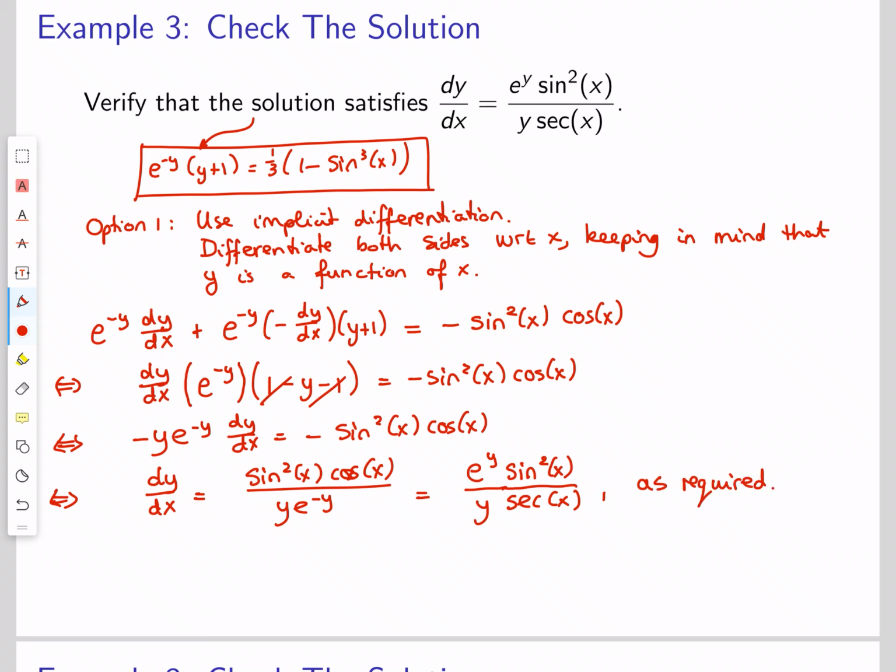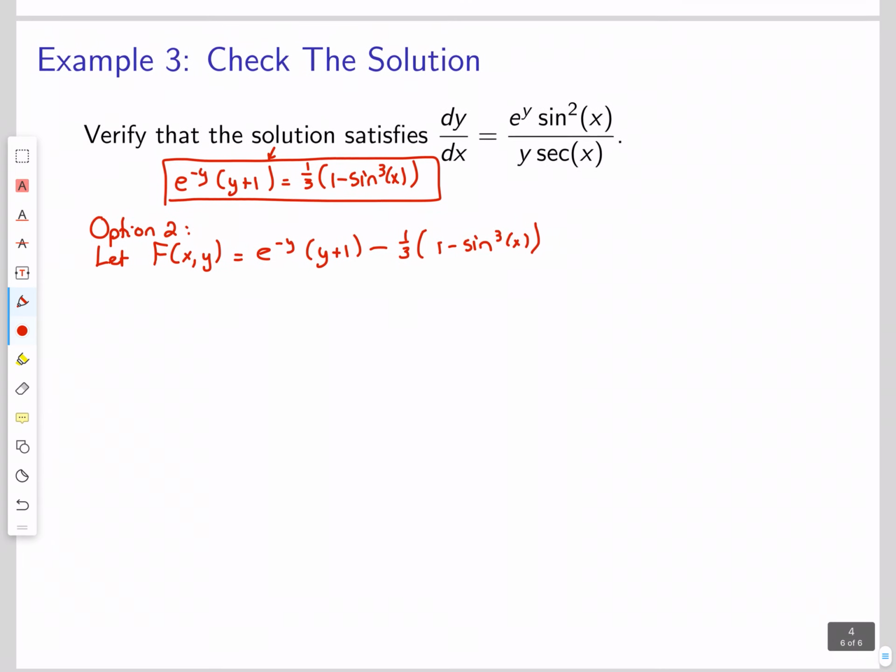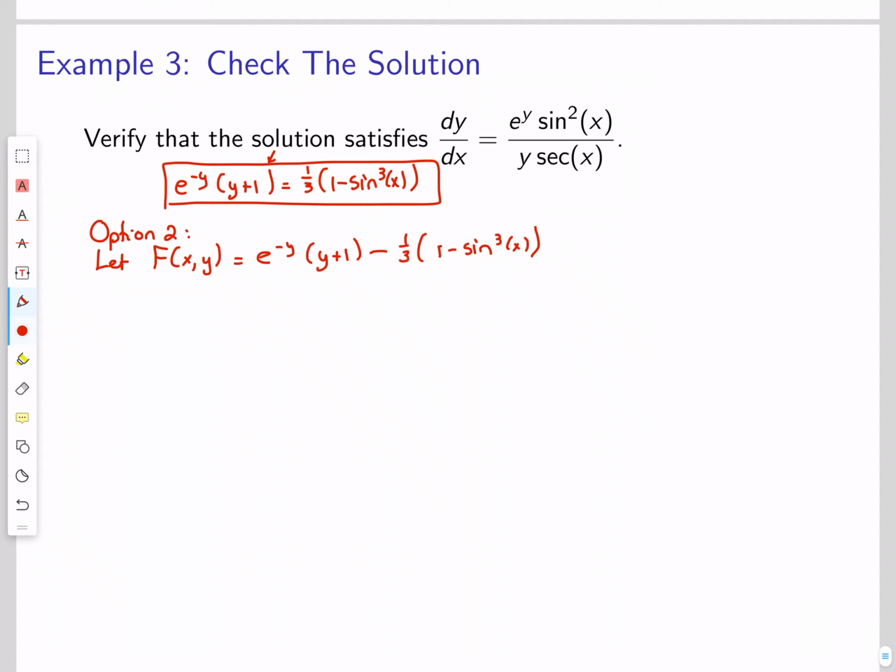Okay. But of course, we had a fancier way of calculating dy dx by taking advantage of our knowledge of partial derivatives. So I'm going to do that on the next page. Option 2 is to define a new function, capital F of x and y, that is the difference between the left and the right hand side of the solution: e to the minus y times y plus 1 minus a third times 1 minus sine cubed of x.